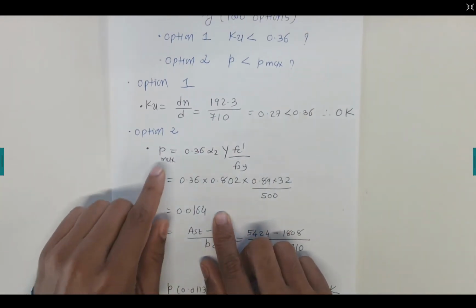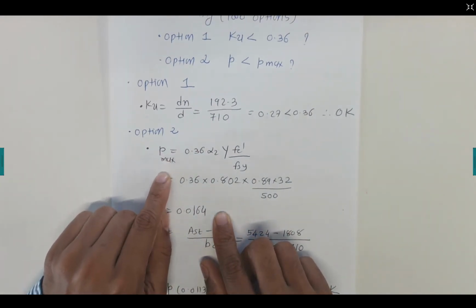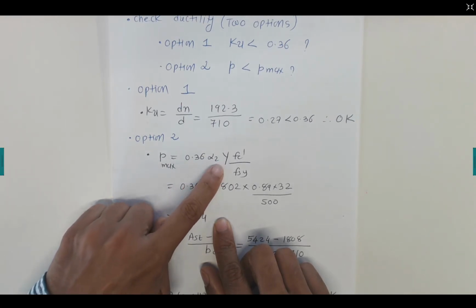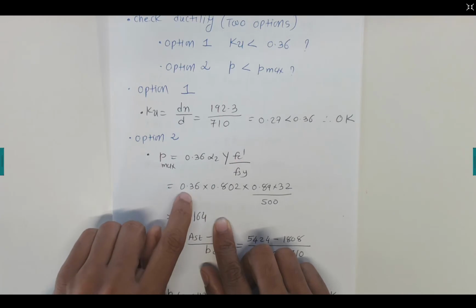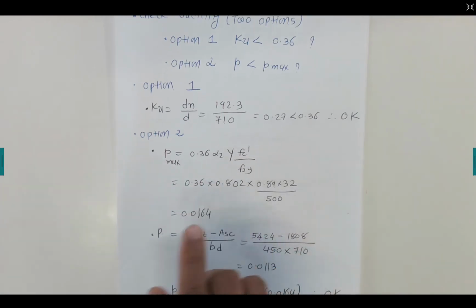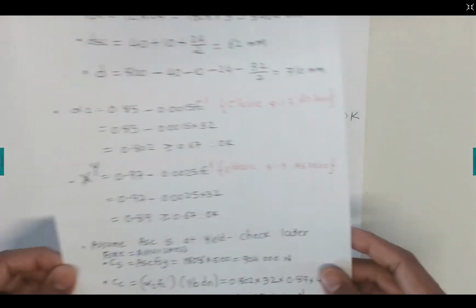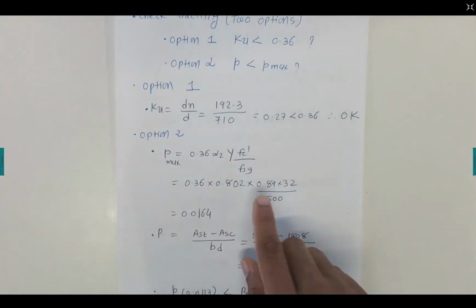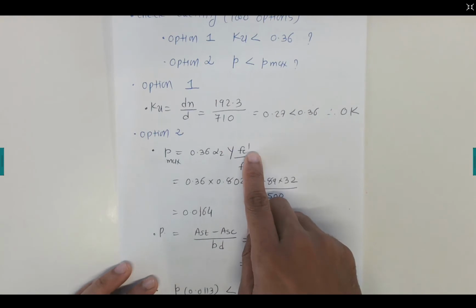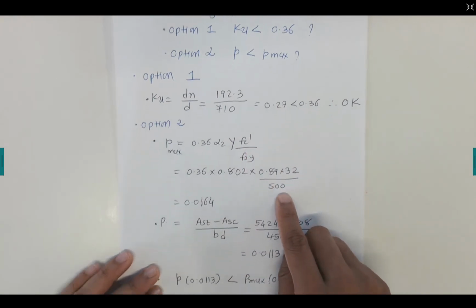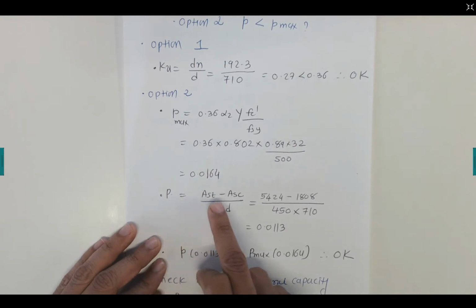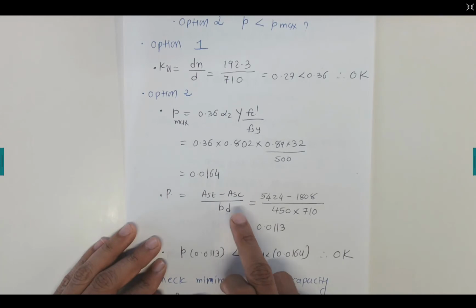Option 2: we can calculate the maximum reinforcement ratio, equal to 0.36 alpha 2 gamma fc dash over fsy. Alpha 2 is 0.802, which we calculated previously. Gamma is 0.89. fc dash is given in the question, 32 over 500, which gives us 0.0164. The actual reinforcement is the area of bottom reinforcement minus the area of top reinforcement, over BD.